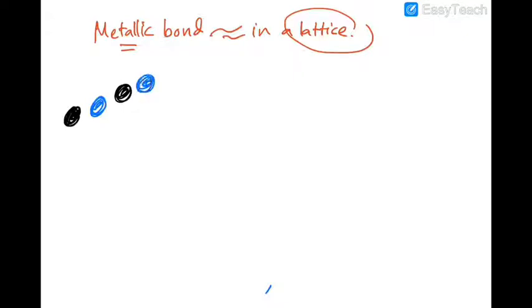Instead, what we have is the nuclei, several nuclei and some fraction of their electrons.